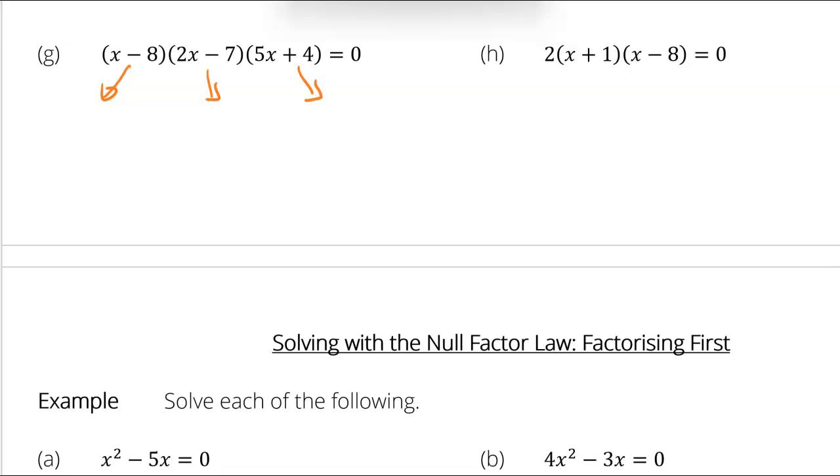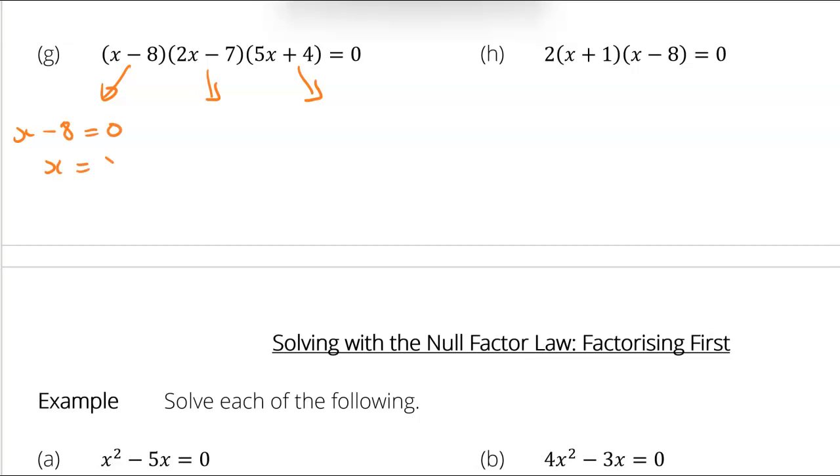Each of those brackets represents a number. In order for that equation to equal 0, one of those 3 numbers has to be 0. And so we have to work out what x is to decide what one of those numbers might be.